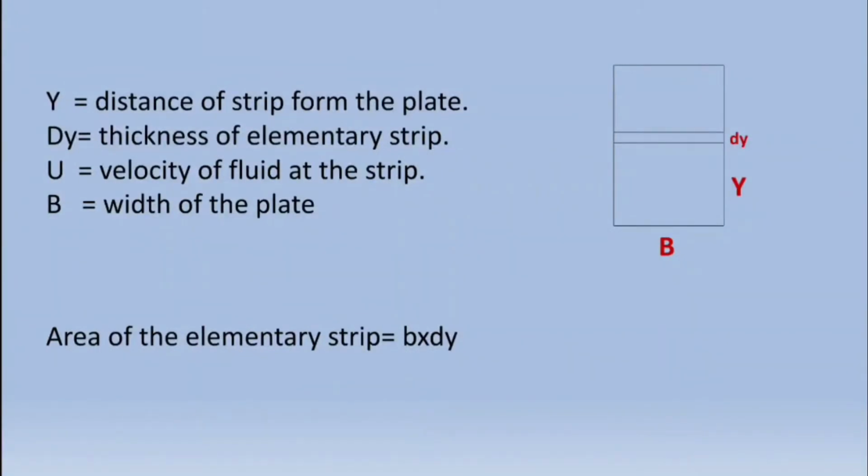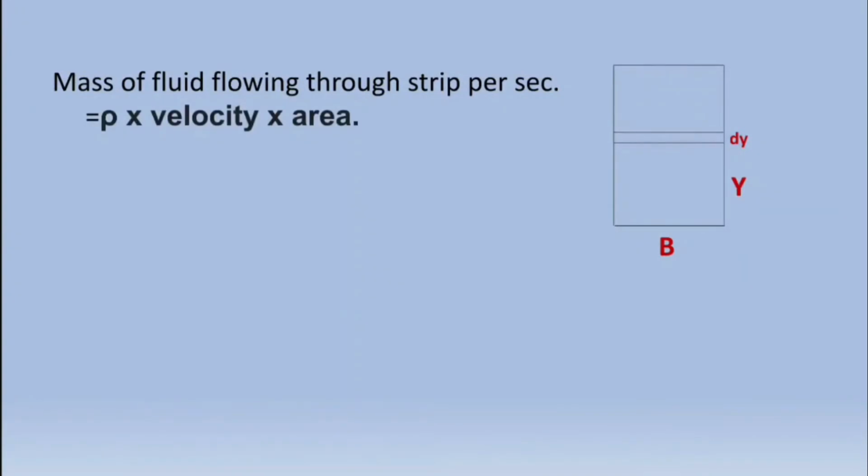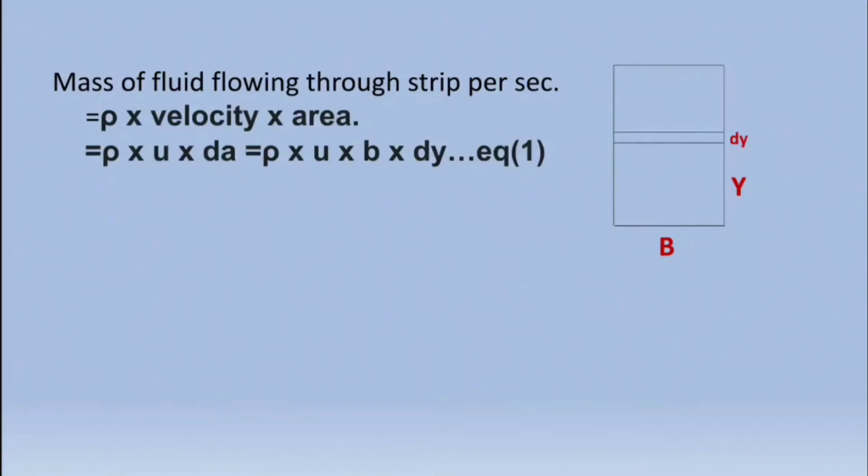How much fluid flows through the elementary strip per second is equal to rho into velocity into area. Rho is the density of the fluid, velocity of the fluid, and area of the section. Now rho into small u. Due to the formation of the boundary layer, the velocity decreases. And dA, the area of the elementary strip, is b into dy, so rho into small u into b into dy.